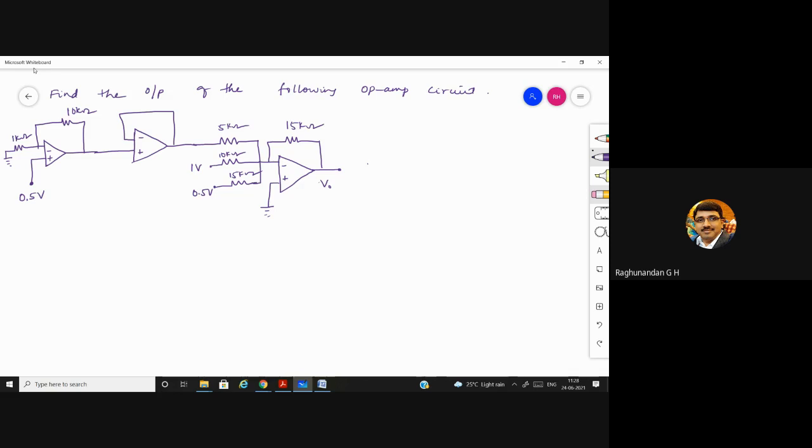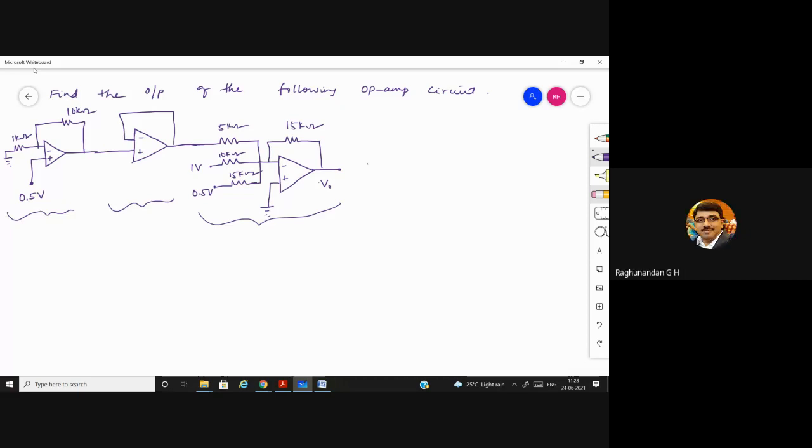See here, 3 op-amp applications are being used and they are being combined. This is one kind of op-amp, this is another kind of op-amp, and this is the other kind of op-amp. What do you call the first op-amp circuit? Non-inverting.